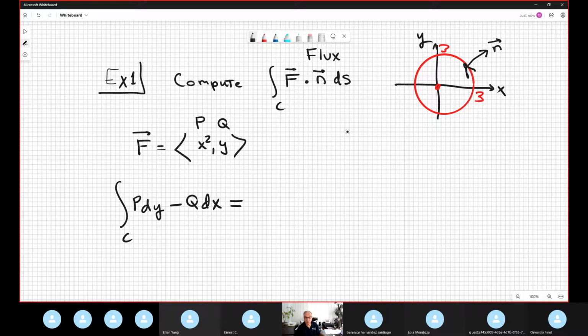Okay, so now it's a classical parametrization. When you see a circle, ellipse, something, the parametrization is obvious. The radius is 3, so x is 3 cosine t. Could be theta, but no, I like t. And y is equal to 3 sine t. And this satisfies perfectly with this orientation. Suppose t equals 0 is this point, right?